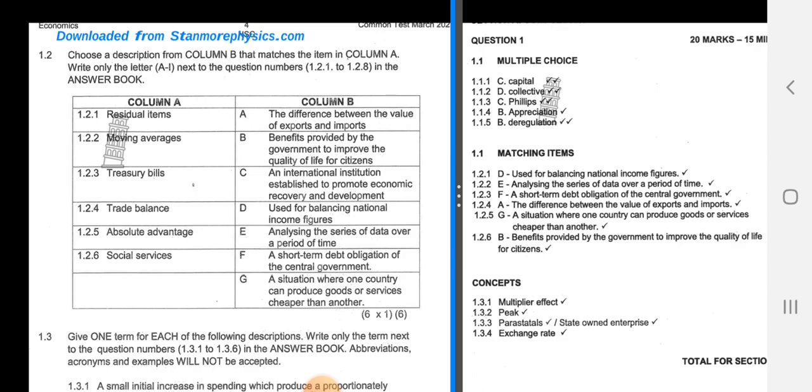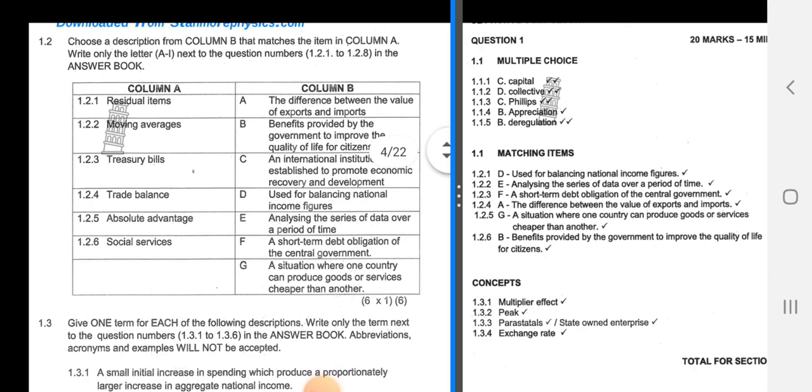And then 1.2.4 trade balance is the difference between the value of exports and imports. And then absolute advantage is a situation where one country can produce goods or services cheaper than the other. And then social service is a benefit provided by the government to improve the quality of life of citizens.